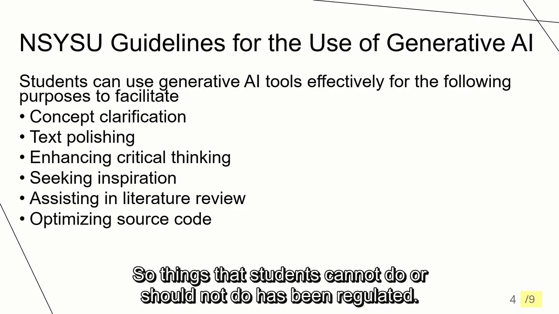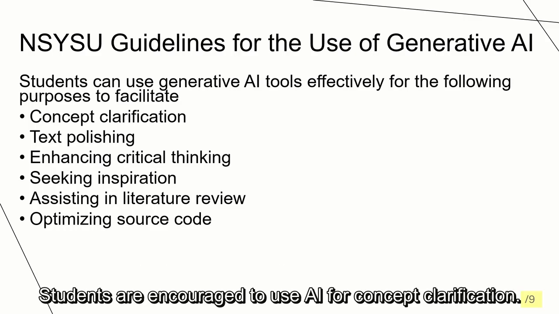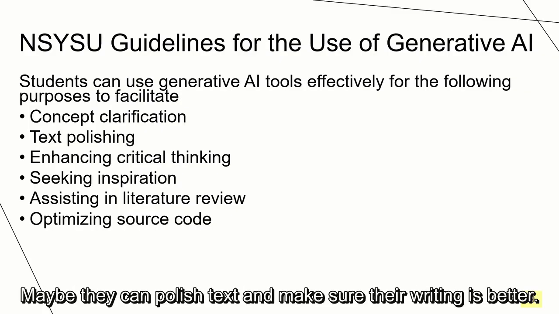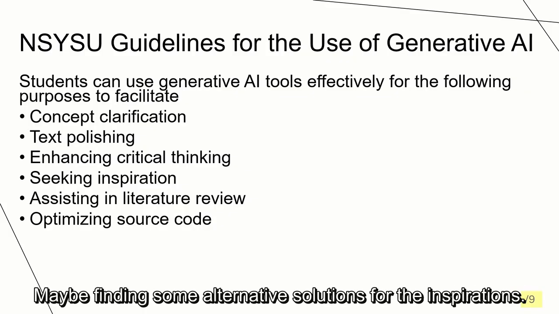So the things that students can do or should not do have been regulated. Students are encouraged to use AI for concept collaboration. Maybe they can polish text and make sure their writing is better. Maybe try to juggle ideas, maybe improve their critical thinking, maybe find some alternative solutions for inspiration.